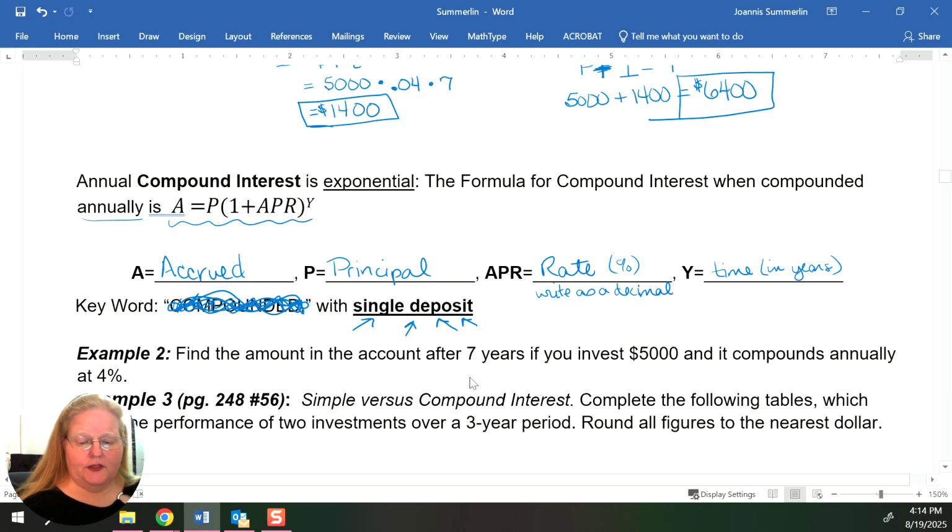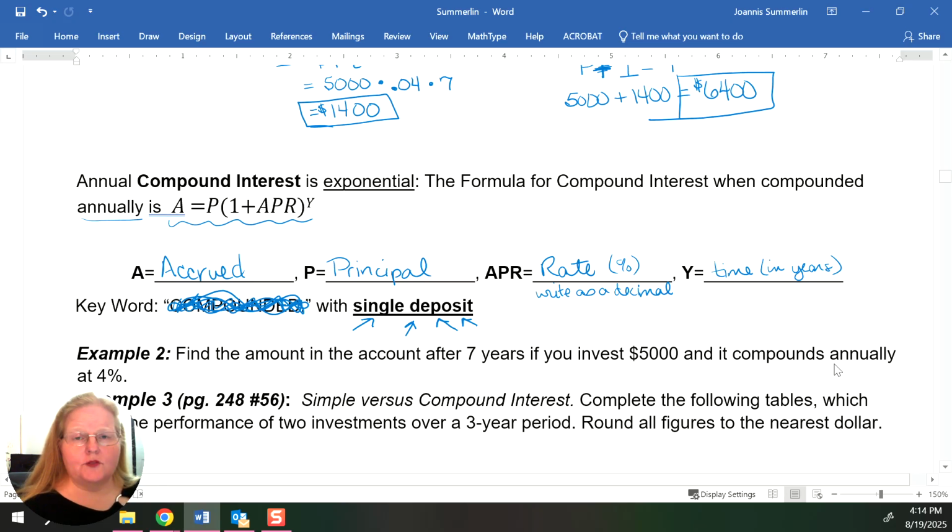Find the amount in the account after 7 years if you invest $5,000 and it compounds annually at 4%. Just about every account will compound. So they could use the word compound in just about anything. They could use the word compound in a loan. So you can't go by the word compound.